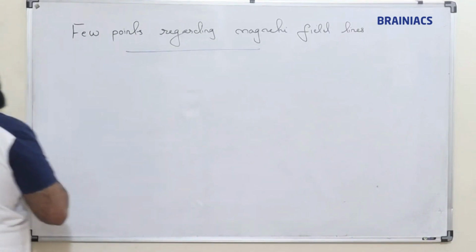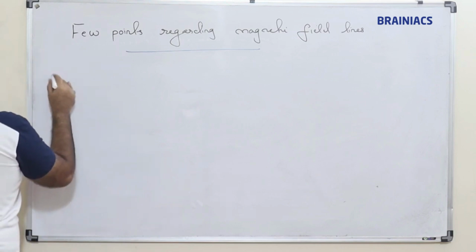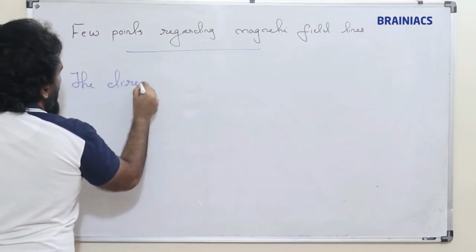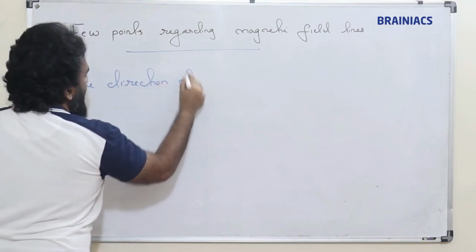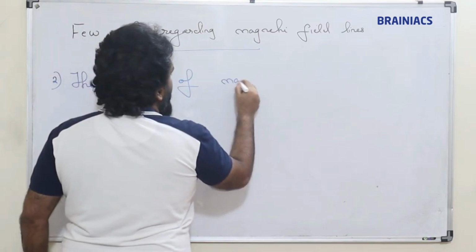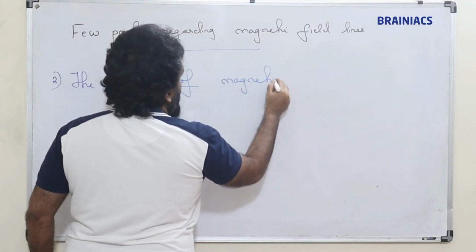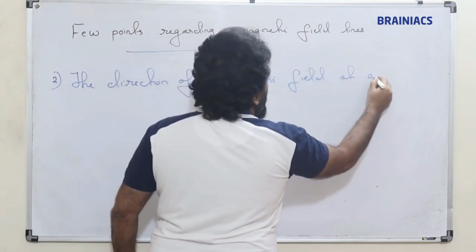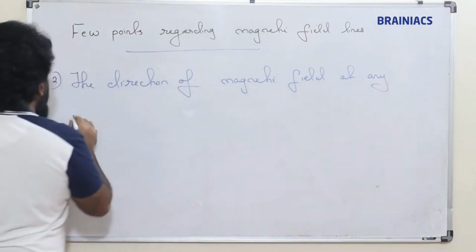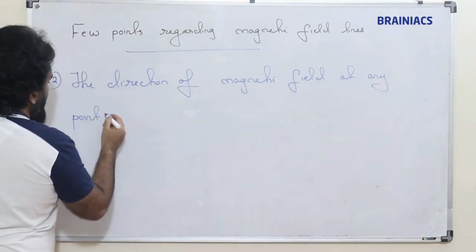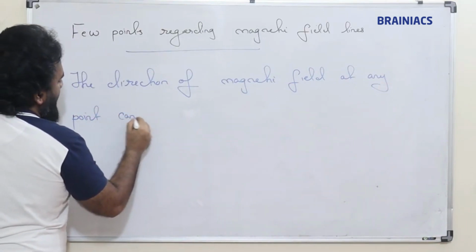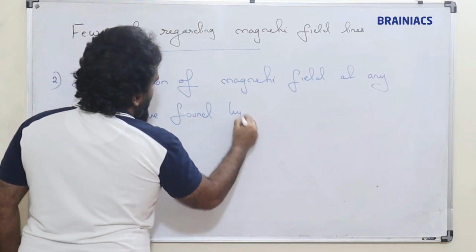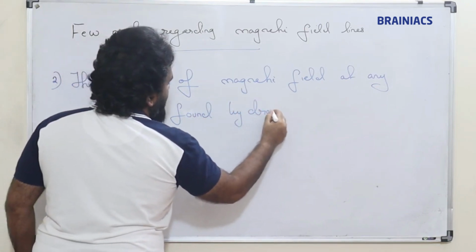Okay, next point is the direction of magnetic field at any point can be found by drawing a tangent.